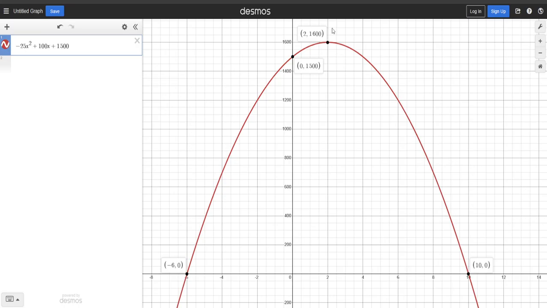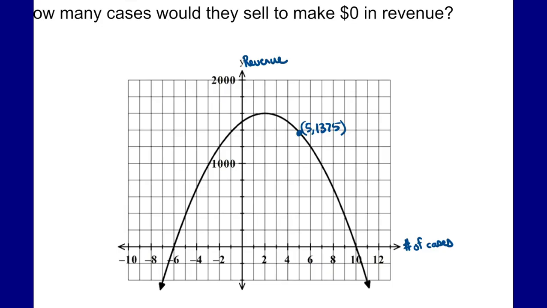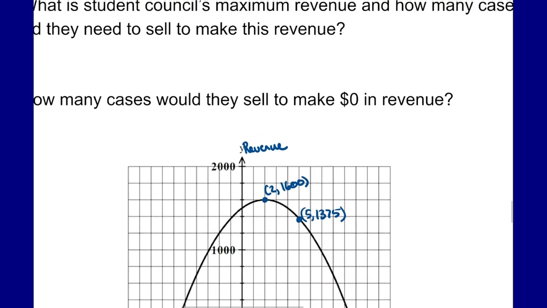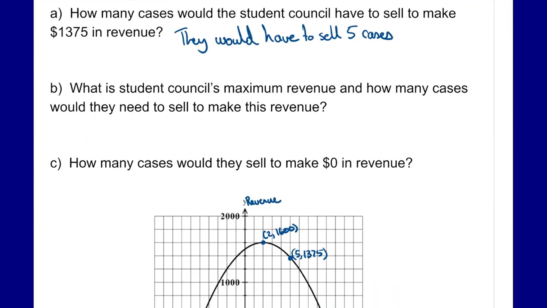So we can see here that my maximum revenue is going to be $1,600, and the number of cases is going to be 2, because that is the point (2, 1,600). We can see that here as well. So when we go back, what is the maximum revenue?